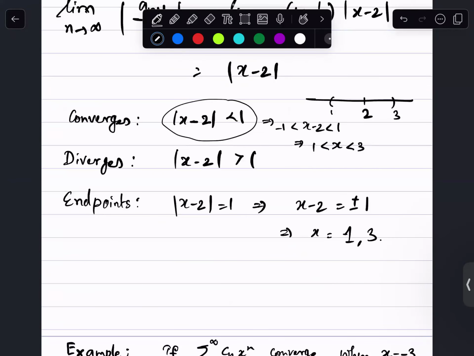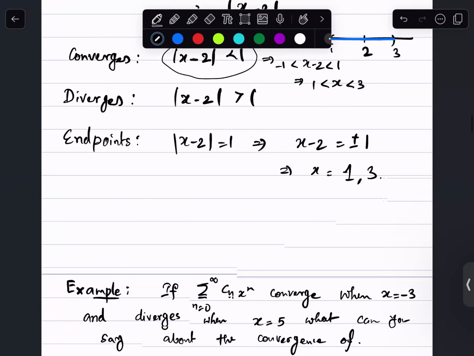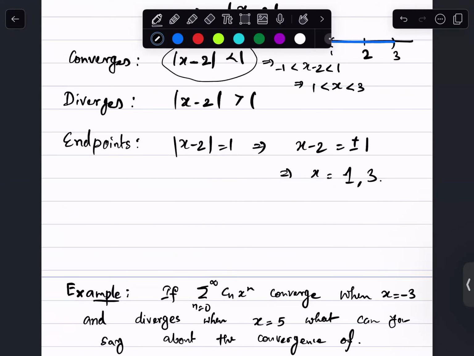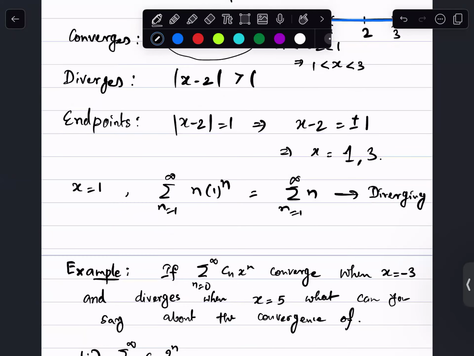So I know that in between this portion, if I choose any x, the series will converge. So for endpoints, if I take my x to be 1, then the series becomes just n times 1 to the n, n equal to 1 to infinity. This is nothing but summation n, and you can see easily this is diverging.